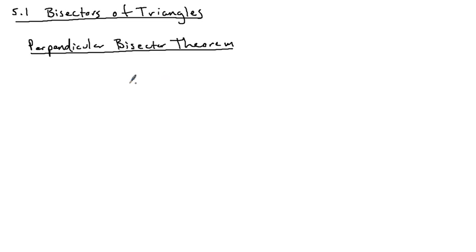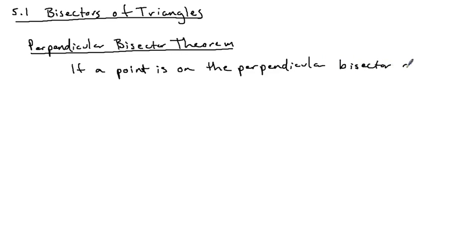And it says if a point is on the perpendicular bisector of a segment, then it is equidistant from the endpoints of the segment.